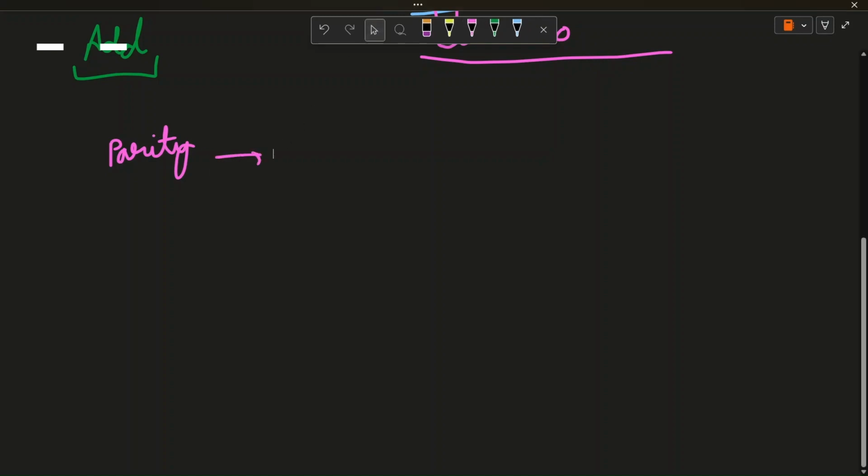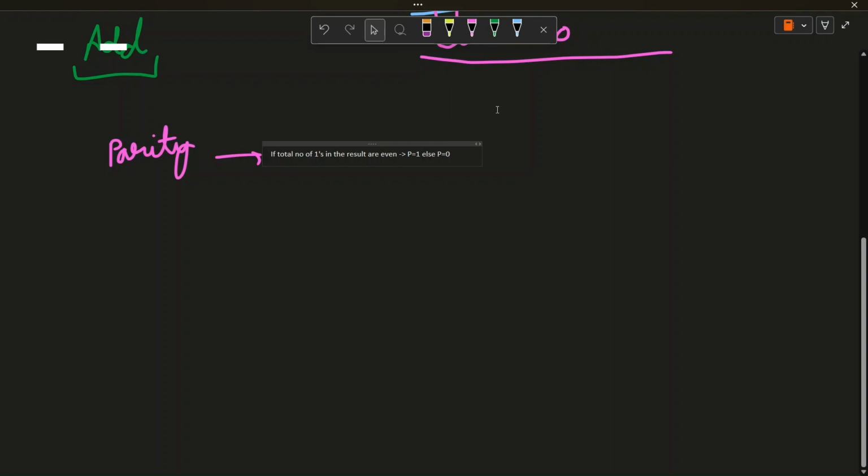It says if the total number of ones in the result is even, our parity bit is 1, else we set our parity to 0.